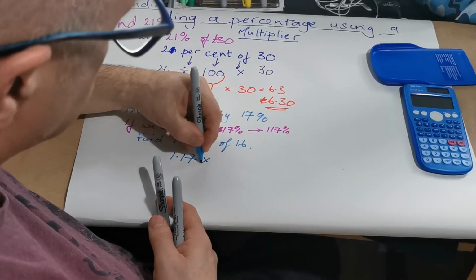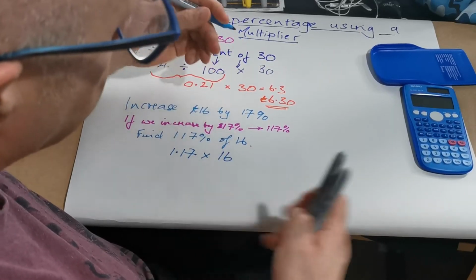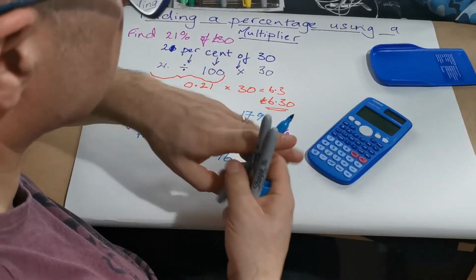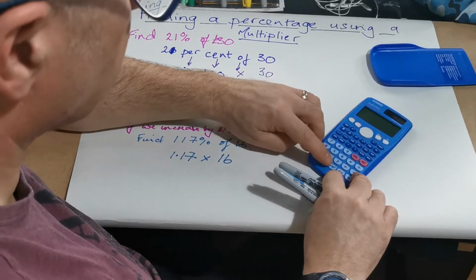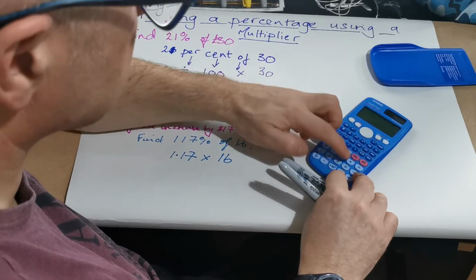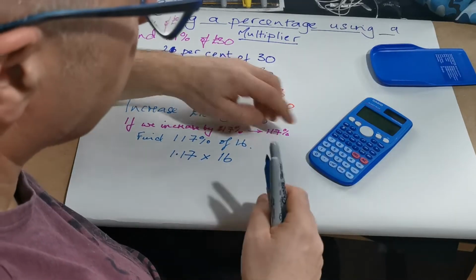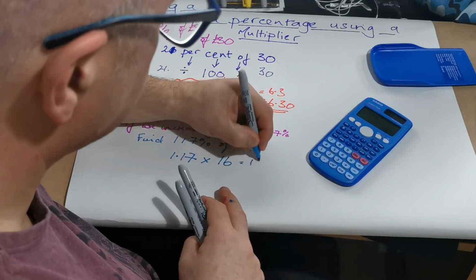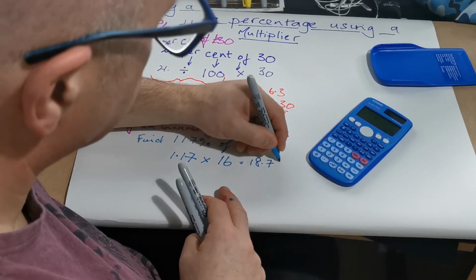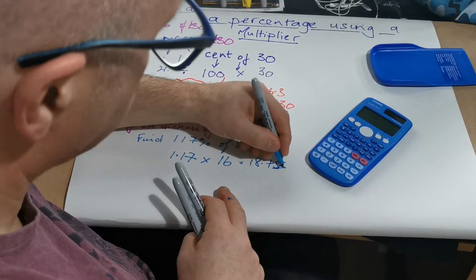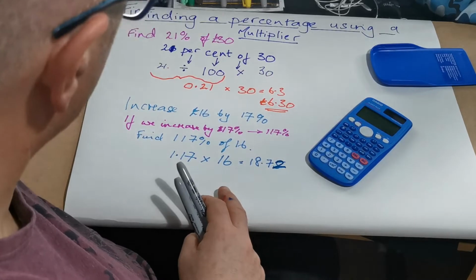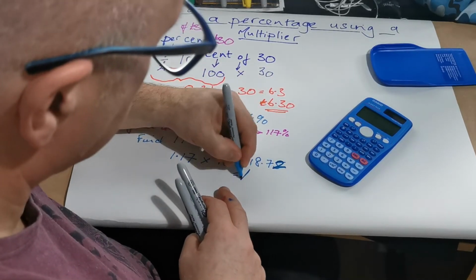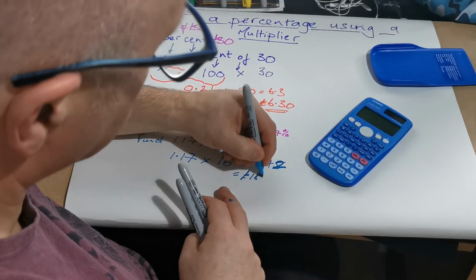Of means times 16. So a quick way of doing this question is 1.17 times 16. And for that I get 18.72. So my answer is £18.72.